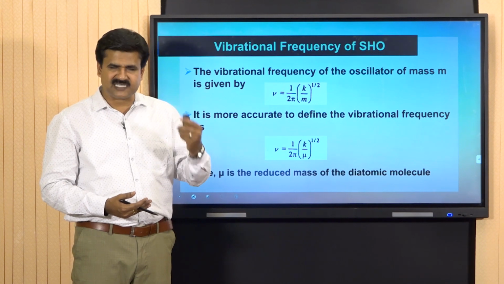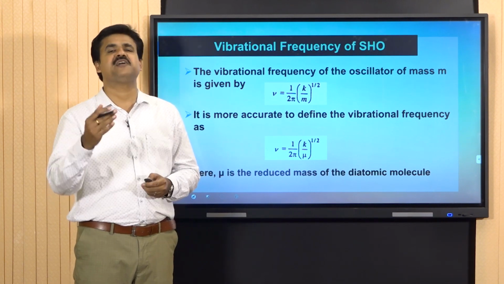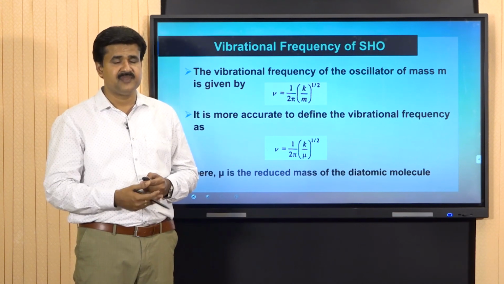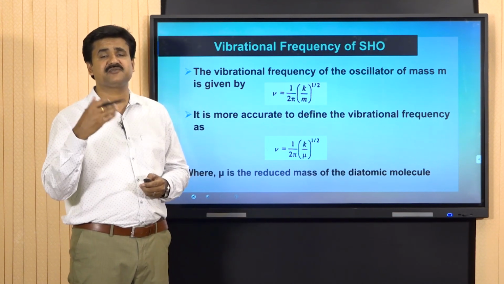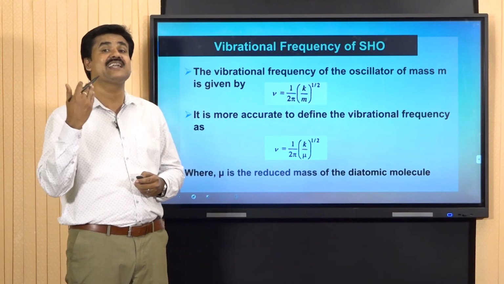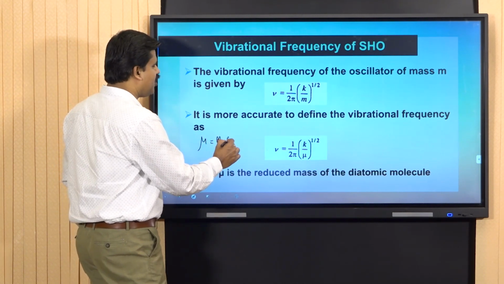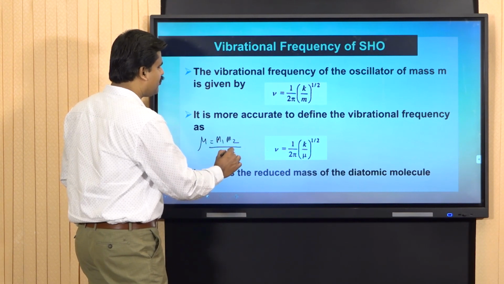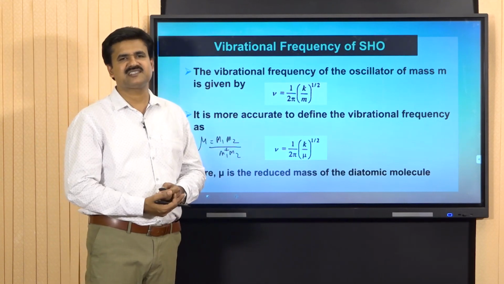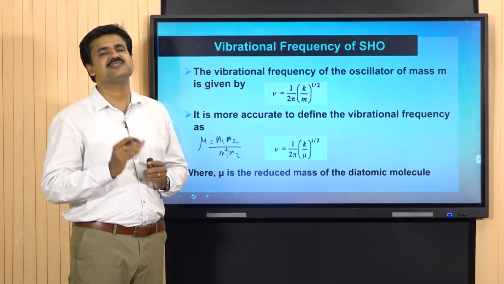Since in the present system we are dealing with molecules that consist of atoms, if we have a diatomic oscillator or a diatomic molecule, it has two atoms. The mass of the first atom is m1 and the mass of the second atom is m2. Then we can take the mass of the molecule as a reduced mass. Reduced mass mu is given by the expression m1 m2 divided by m1 plus m2. Therefore, this vibrational frequency can be more conveniently represented in terms of the reduced mass of the system.